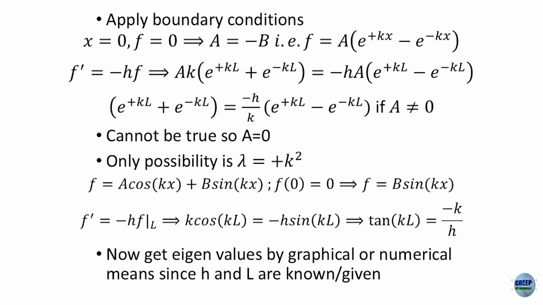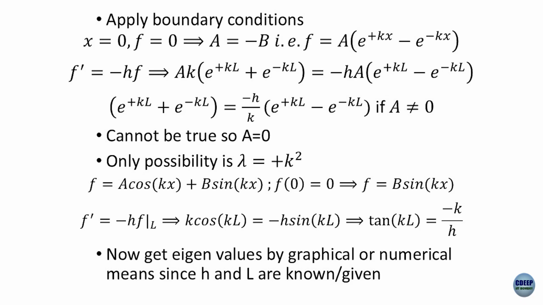And finally what we said was that the only possibility is where you are going to get sines and cosines as the solution, and f is going to be a cos kx plus b sin kx, f(0) equal to 0, and on the right hand side the gradient of f has been specified.